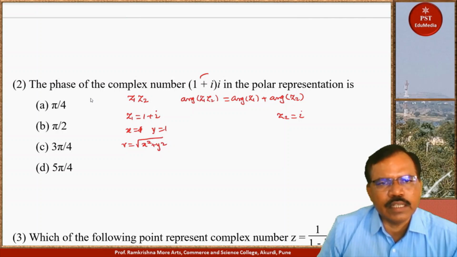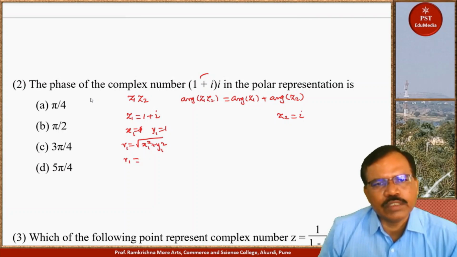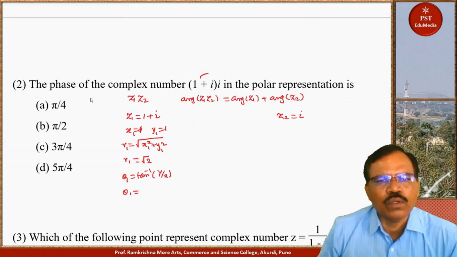I will call this x1, y1. So r1 is equal to root of 1 square plus 1 square, that is root of 2, and theta is equal to tan inverse y by x. So theta 1 is equal to tan inverse 1 by 1. So theta 1 is equal to pi by 4.